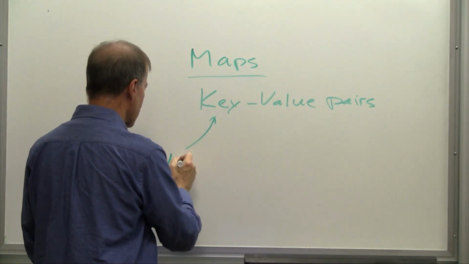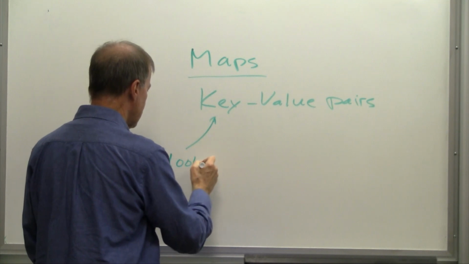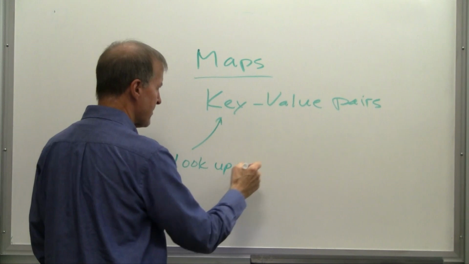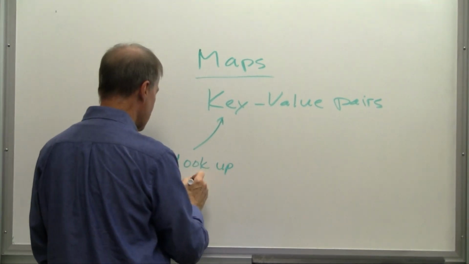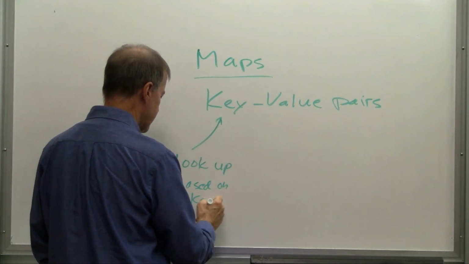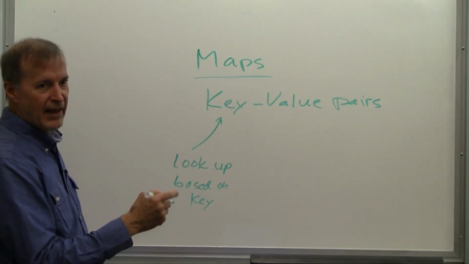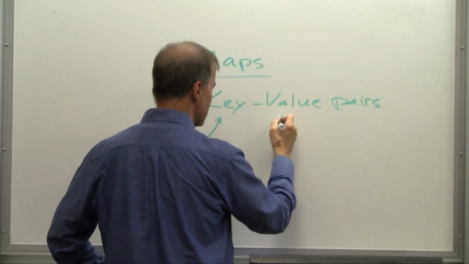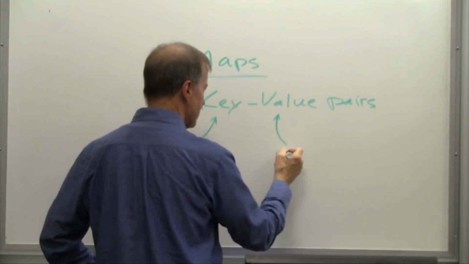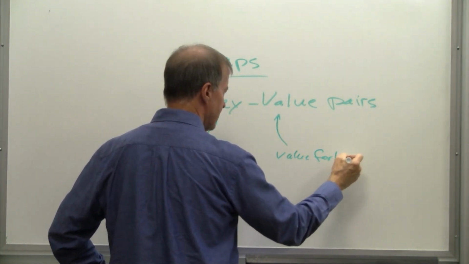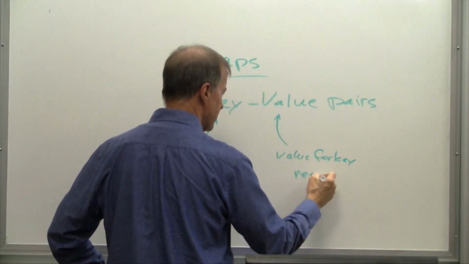So this is for lookup. You look up based on the key, and then the value is what you get. The value for the key is retrieved.